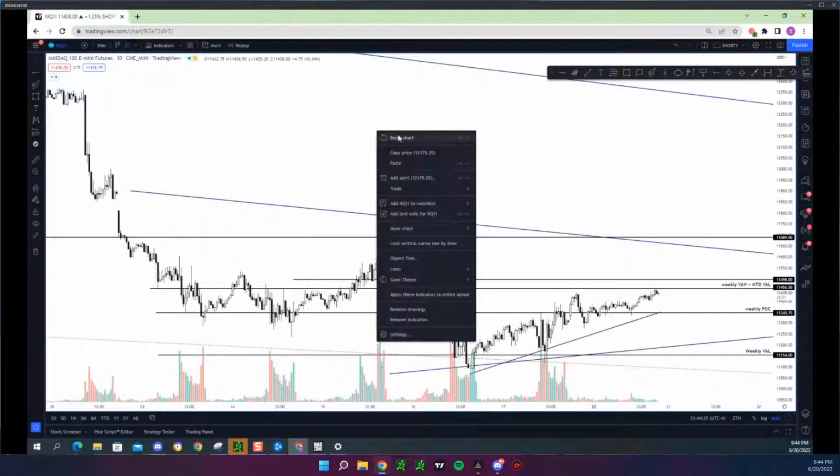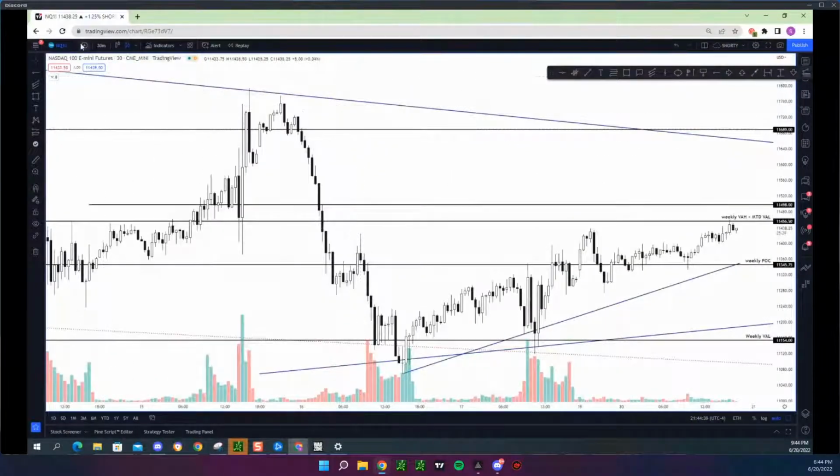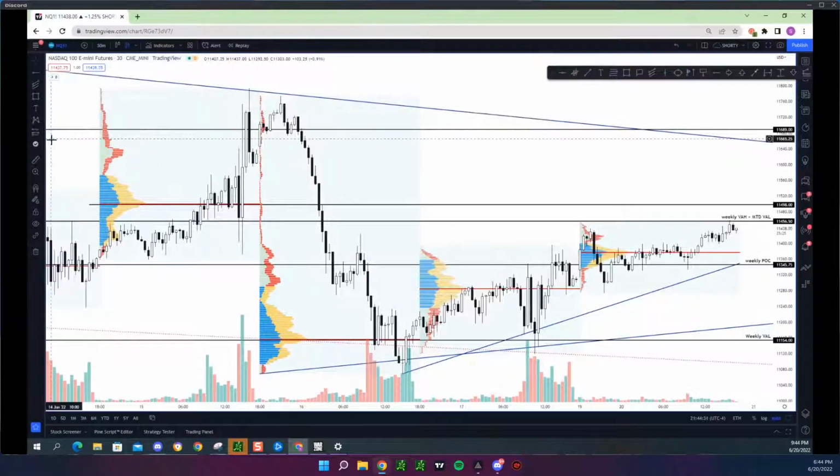Then we'll go to our 30 minutes, make sure what we got here lines up. Look at our session profiles. So we got a P shape, B shape, B shape, D shape. And this is today's POC.